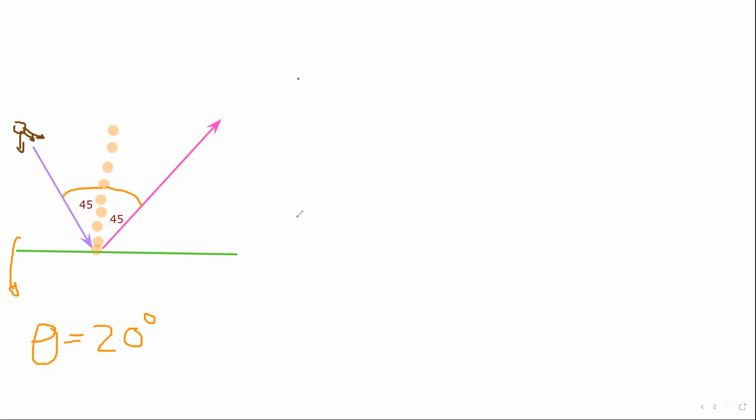Okay. Let's draw the second case after the rotation of the mirror by angle 20. For example, it will be like this. Why?